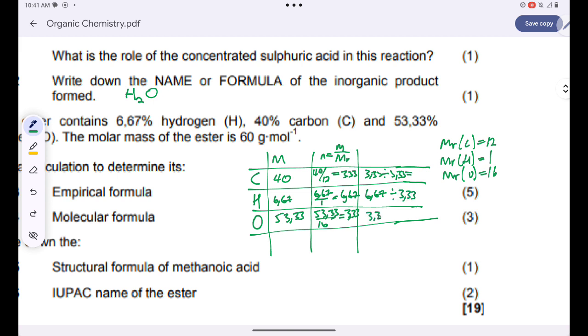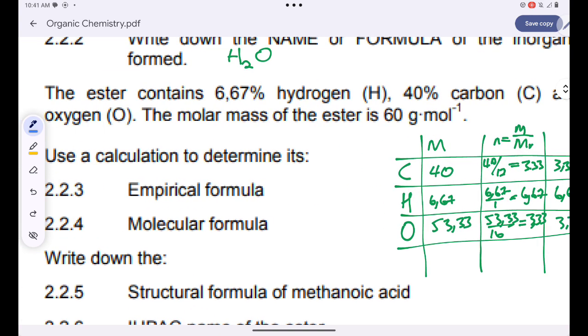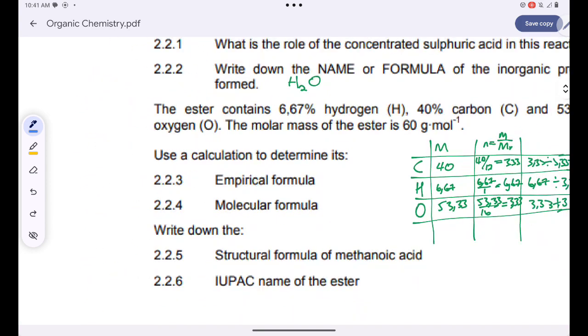Then 3.33 divided by 3.33. So this will give me 1, and I'll have 2 there and 1. So this simply means that the empirical formula is just CH2O.